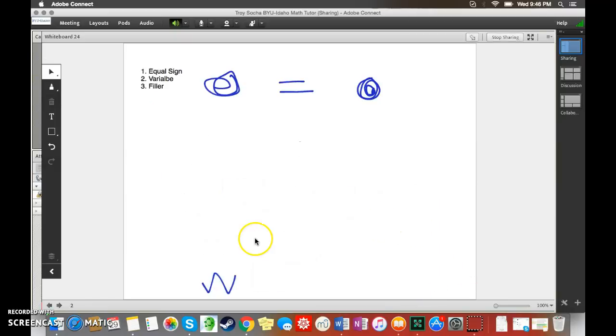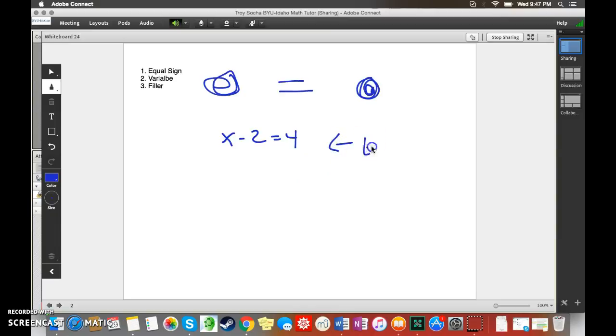So let's take an example here. If we have x minus 2 equals 4. So this is what we call an equation, because it meets all of our requisite parts.